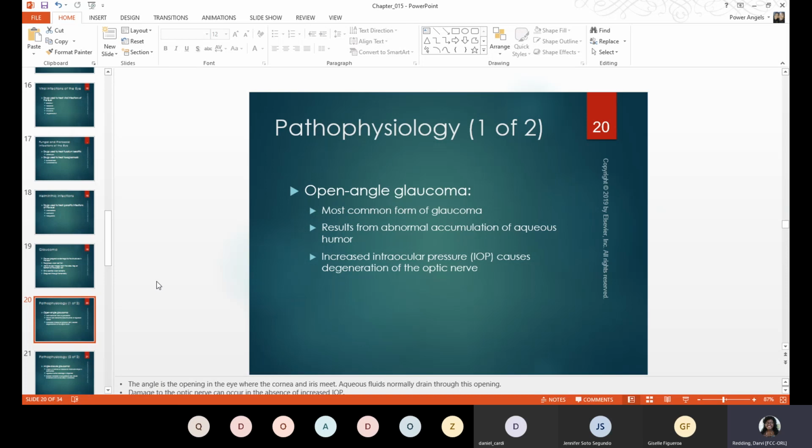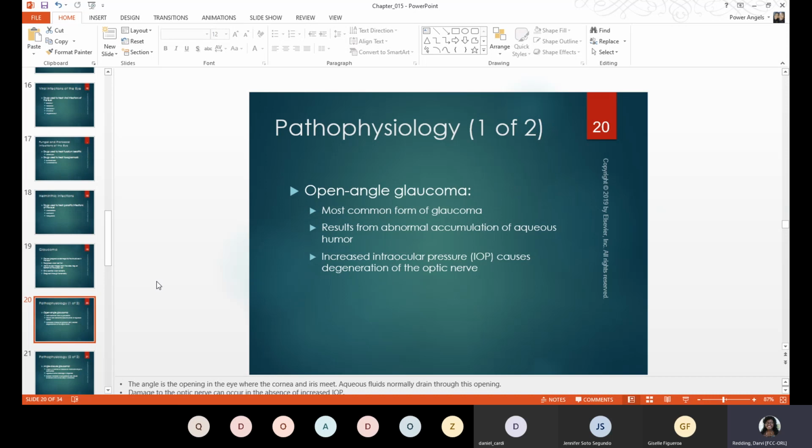And with glaucoma, it has an increased IOP. IOP stands for intraocular pressure, and the intraocular pressure is the pressure exerted by the fluids inside of the eyeball. So open angle glaucoma increases the intraocular pressure and it causes degeneration of the optic nerve.